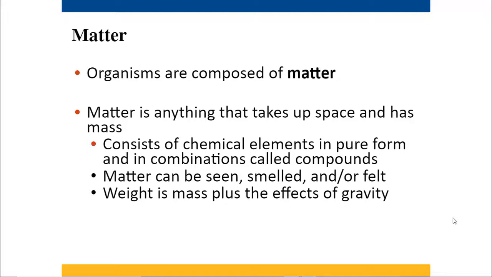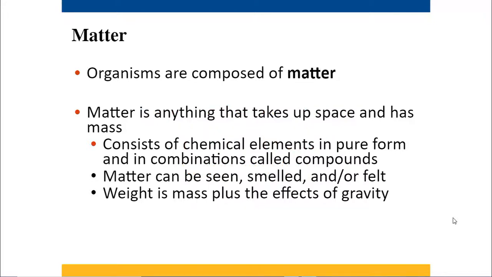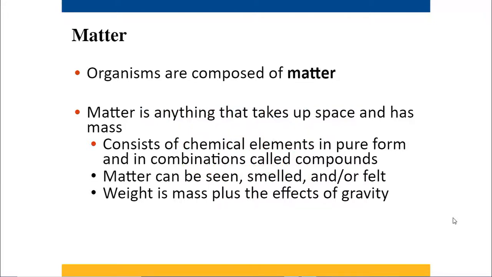For instance, the force of gravity is greater on Earth than on the moon because Earth is bigger than the moon. So you will weigh more on Earth than you will on the moon. Your mass doesn't change no matter where you're located, whether it's the Earth, Jupiter, or the moon. Your mass stays the same, but what changes is the force of gravity. So weight is mass times gravity, so your weight changes because the force of gravity changes.